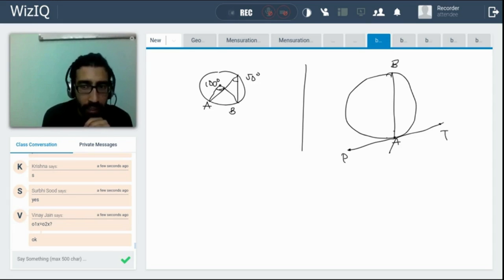AB is a chord. If this angle is alpha, clearly greater than 90 degrees here, then alpha will again be reflected in the other portion. The angle that the tangent makes is in the major segment AB, so alpha will be reflected in the minor arc. All other angles subtended by AB on the minor portion will be alpha.